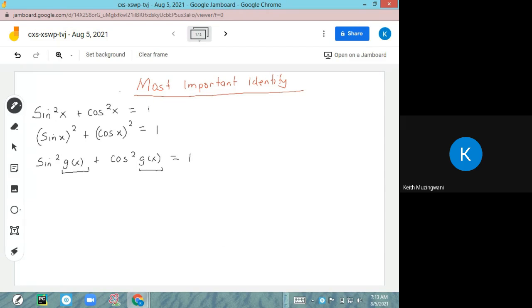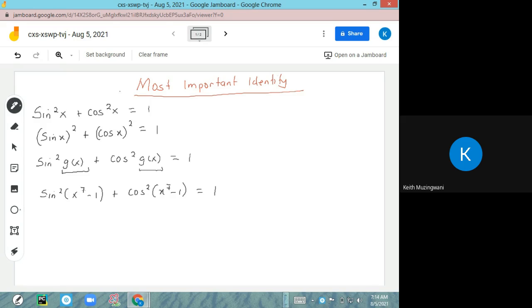So we're saying, when we say x, we don't know what x is. x can be a function. x can be anything. But for as long as it's inside cos, even if it is g of x, even if I say sine squared (x power 7 minus 1) plus cosine squared (x power 7 minus 1), it will be equal to 1.